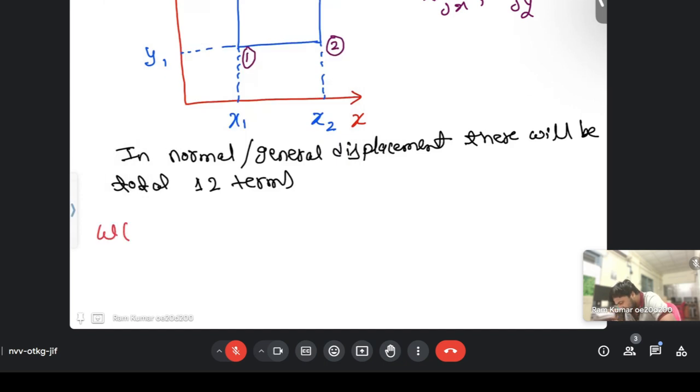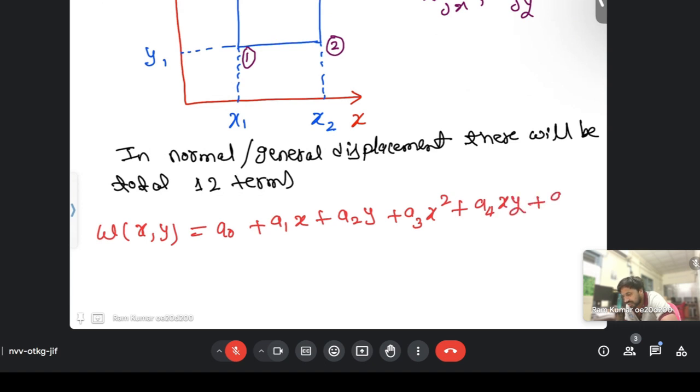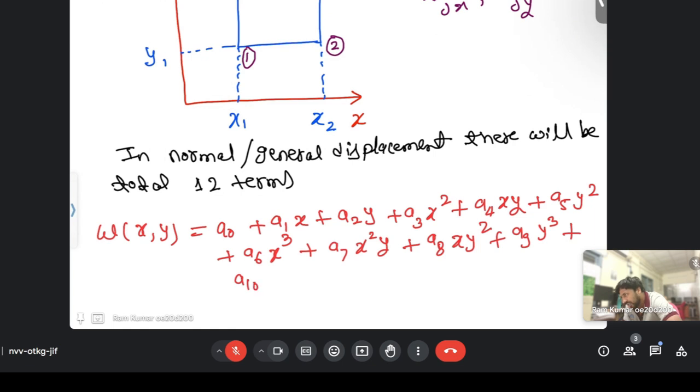So W of x comma y will be a0 plus a1 x plus a2 y plus a3 x square plus a4 xy plus a5 y square plus a6 x cube, then a7 x square y plus a8 x y square plus a9 y cube plus a10 x cube y plus a11 x y cube.